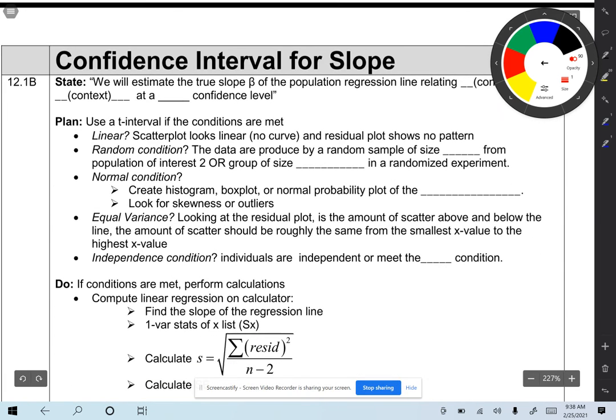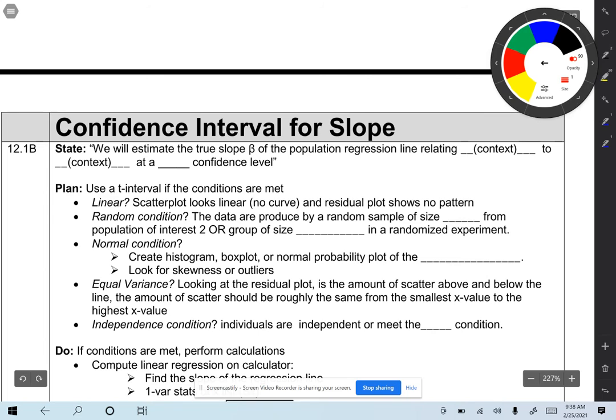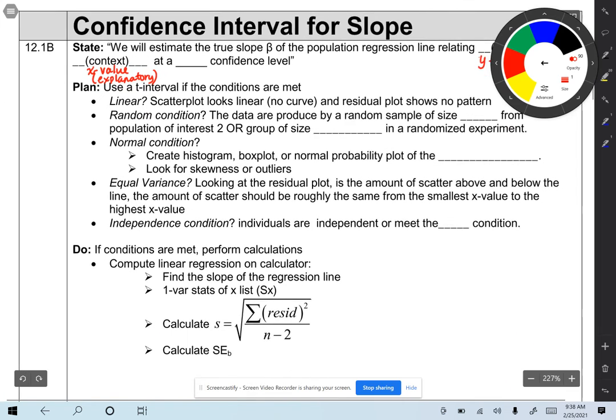So we will look at what the 4-step process looks like and then do a sample problem. In our 4-step process, in our state portion for confidence interval for slope, we will estimate the true slope beta of the population regression line relating your response to your explanatory x value, at whatever confidence level, 95, whatever percent.